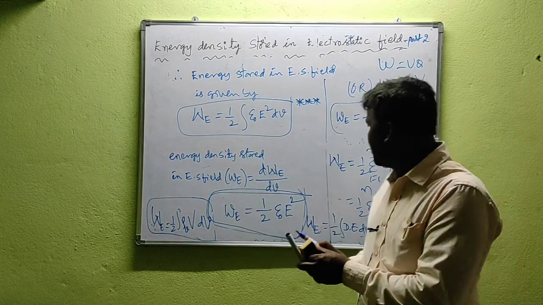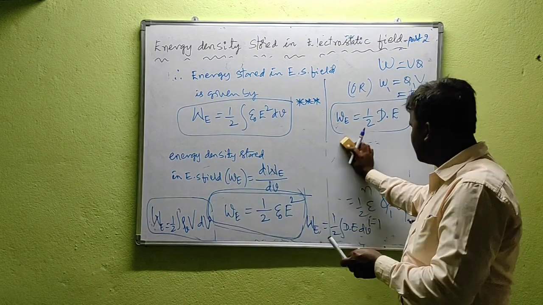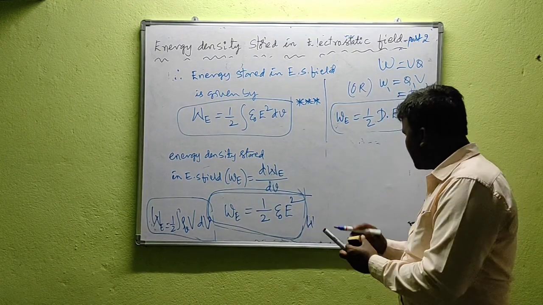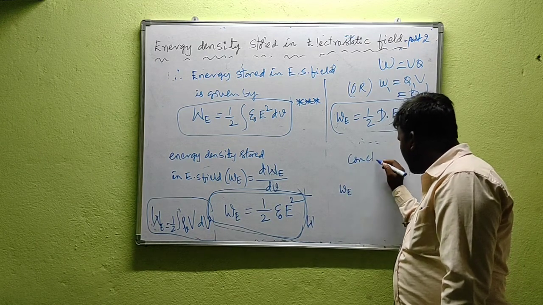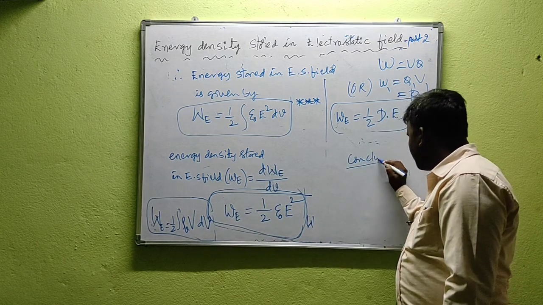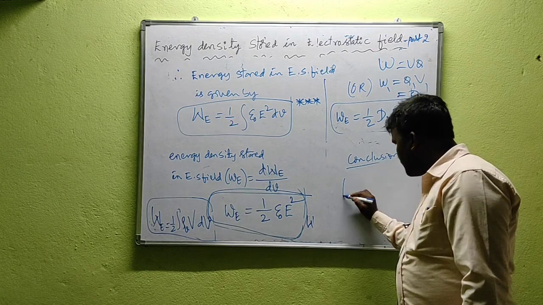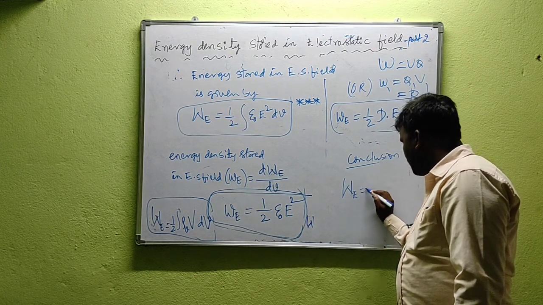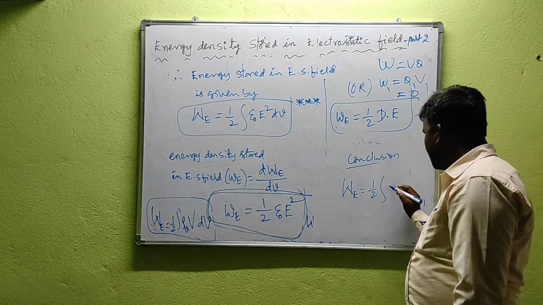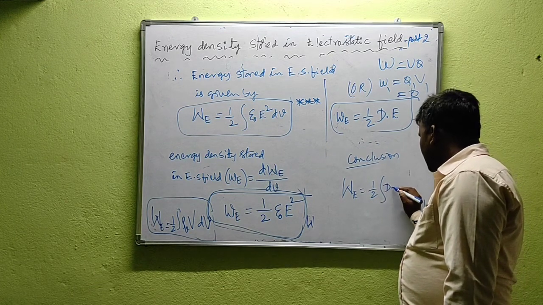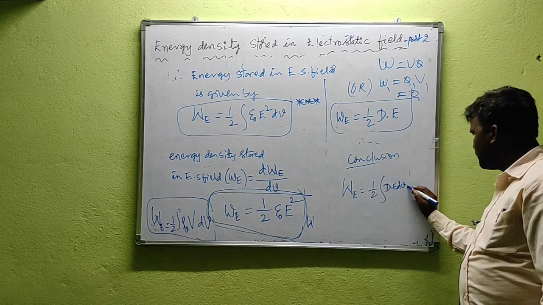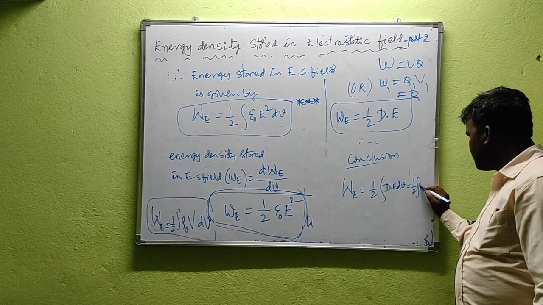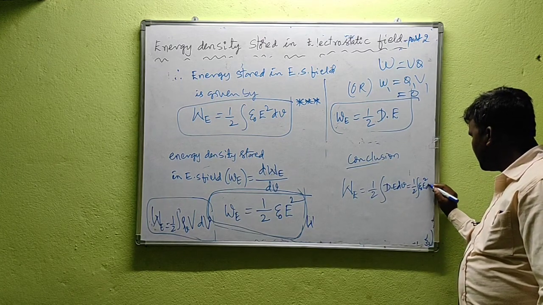Coming to the conclusion, energy stored in the electrostatic field is W equal to 1 by 2 integral D dot E dv, or else 1 by 2 epsilon naught E square into dv.